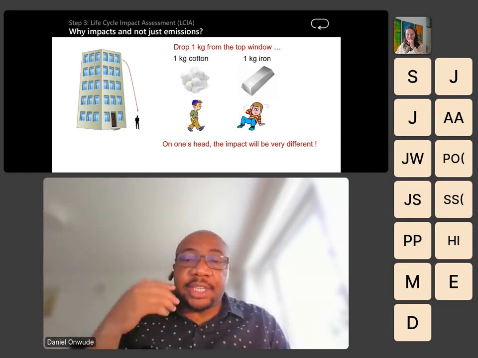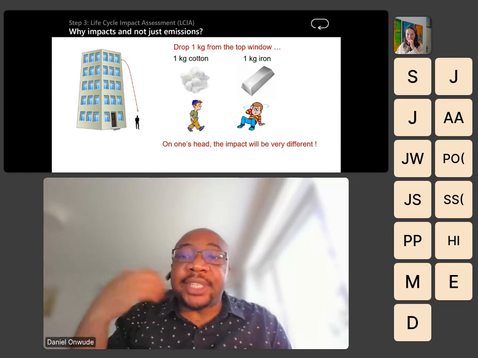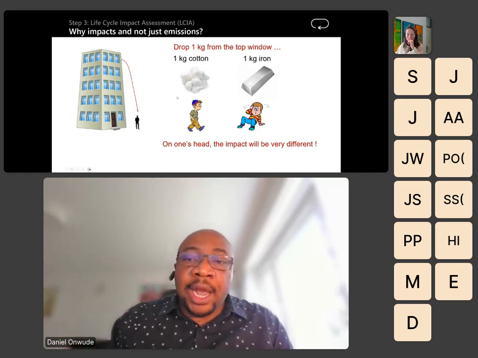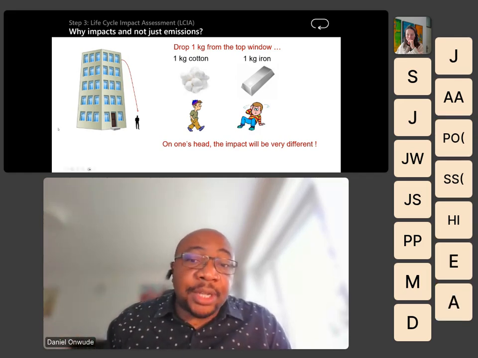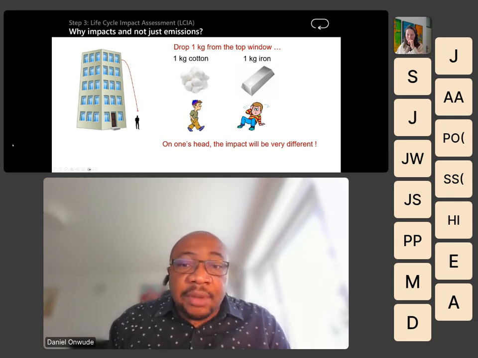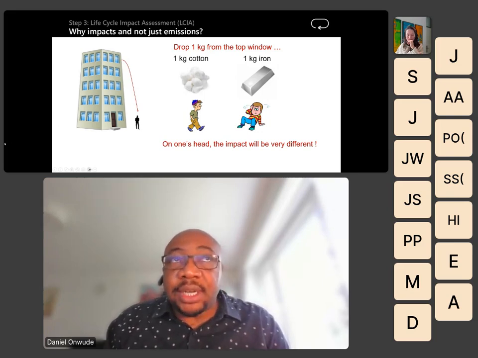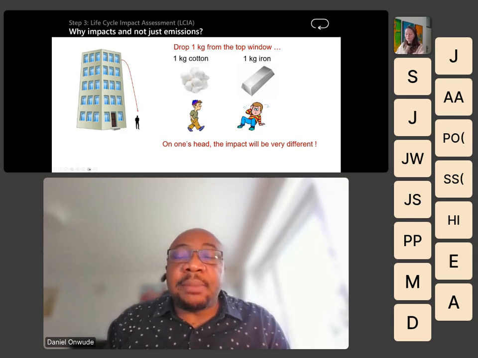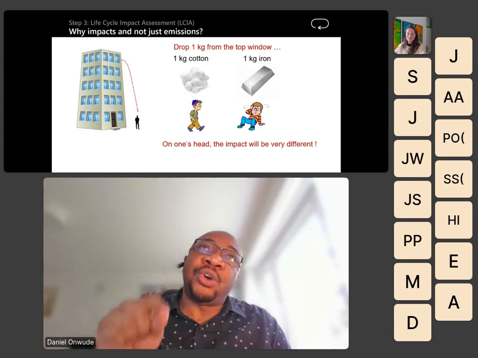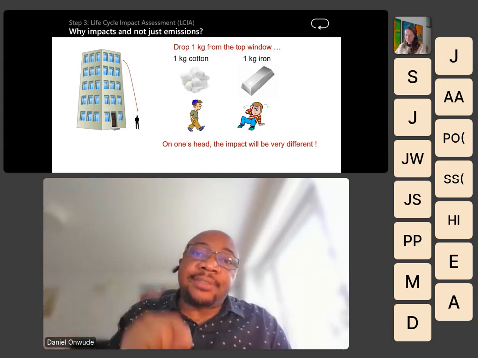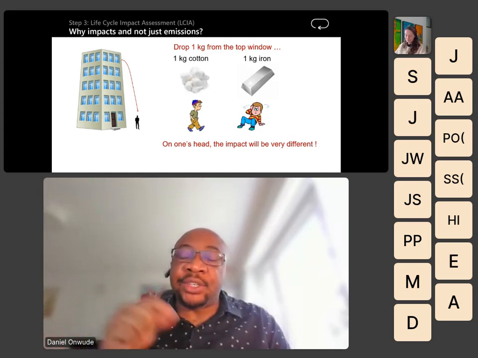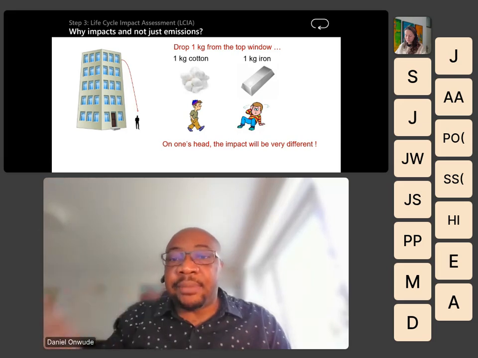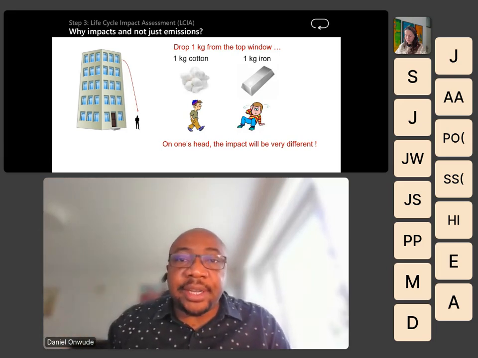The reason is that, in as much as they have the same mass, the same quantity, iron is denser compared to cotton. It has a higher impact force compared to cotton, and so on. So that's why the idea is to focus on the life cycle impact assessment, and not just the life cycle emission. I just wanted to clarify this.